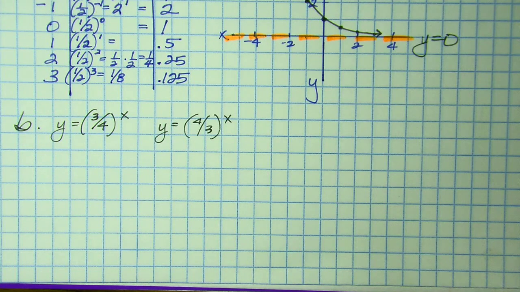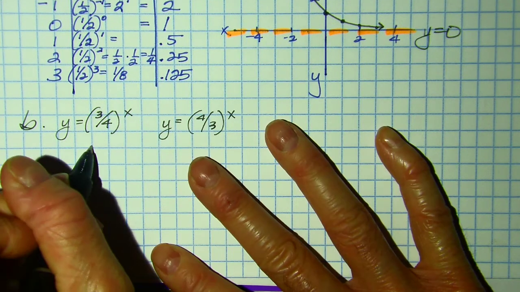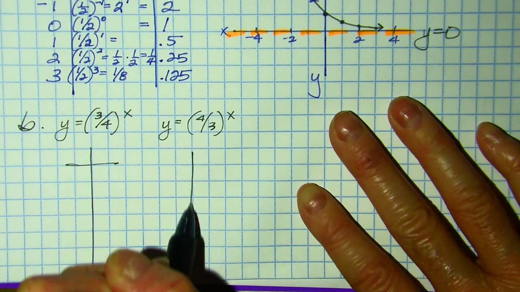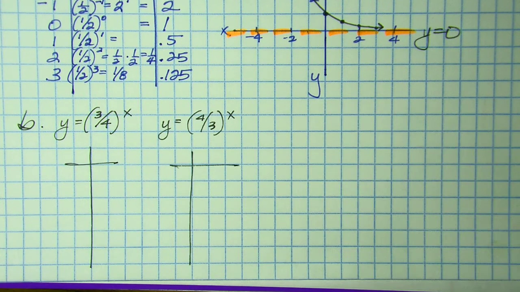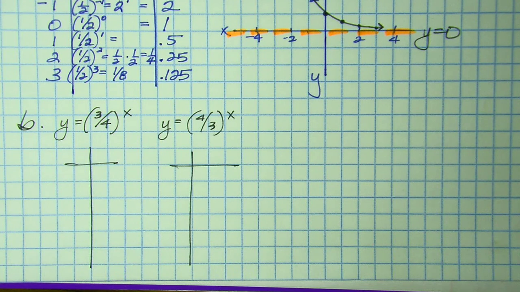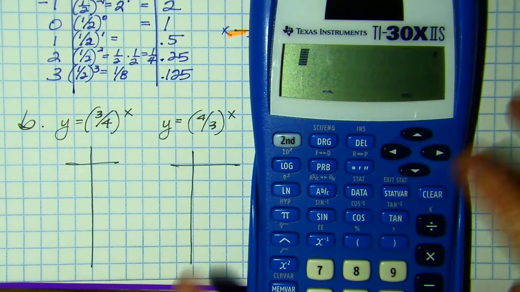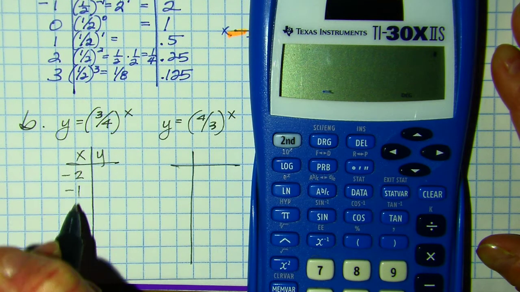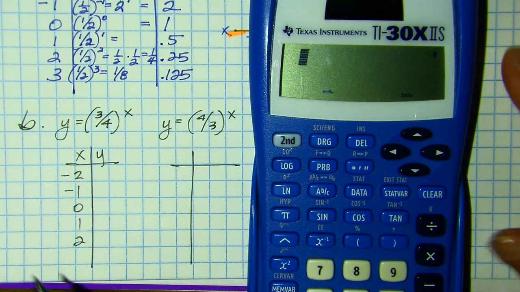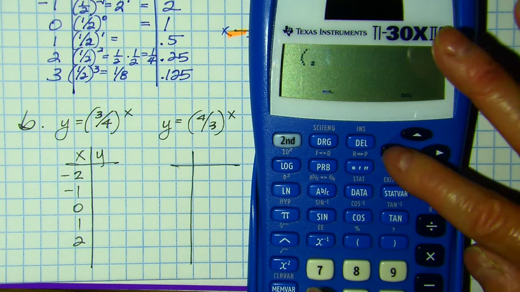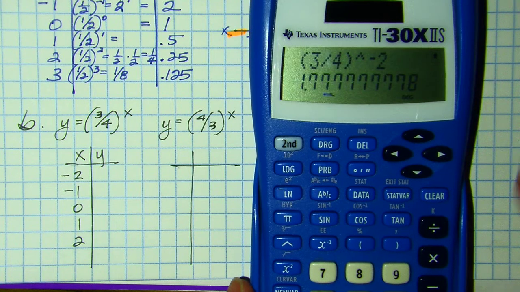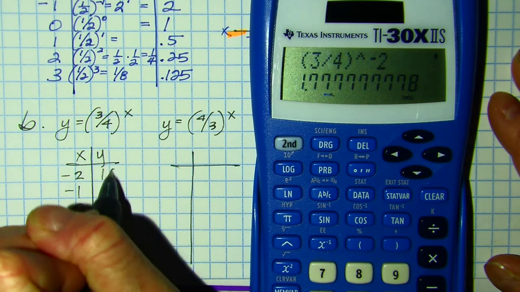I'm going to use a calculator and good old table for each one, and then I'm going to graph them because part B asks us to describe the graphs. So I'm going to do the one on the left. I'll do -2, -1, 0, 1, 2. So 3/4, 3 divided by 4 to the -2nd, and I get 1.8.